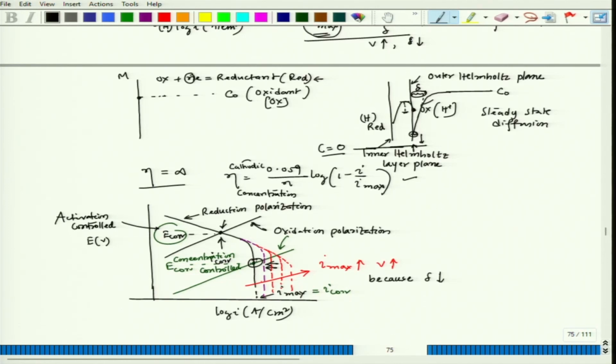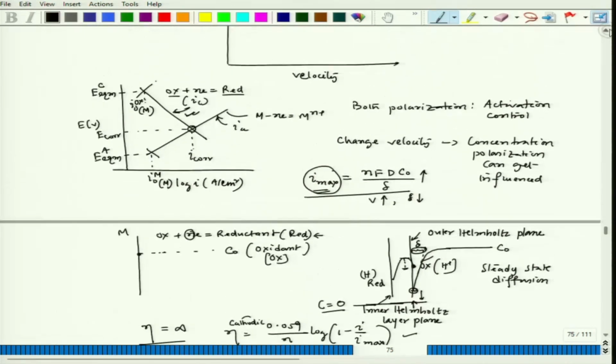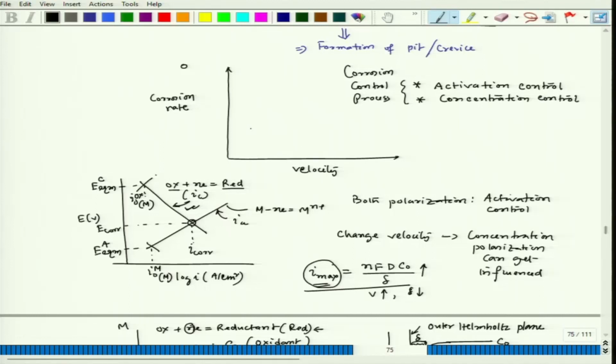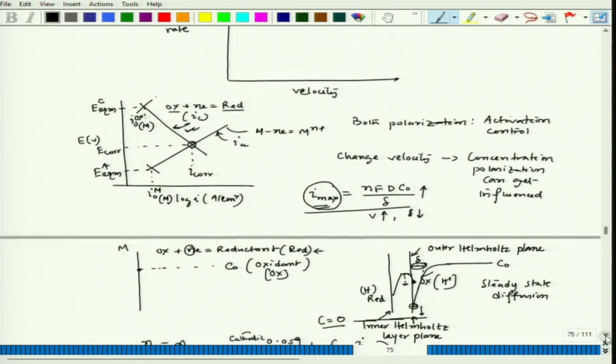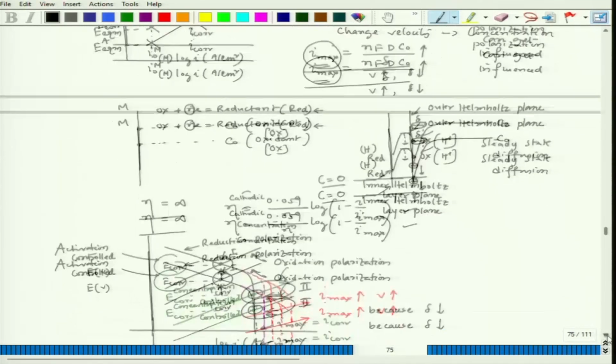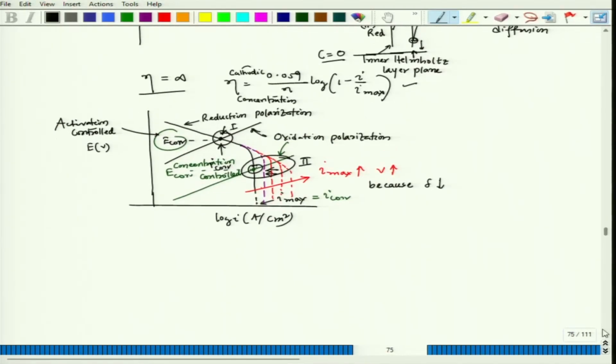So, now when it happens like that, if we try to plot the corrosion rate in these two processes, process 1 and process 2, this is, let us say, 1, this is 2, what will be the corrosion rate variation? In case of process 1, let me just draw it here.